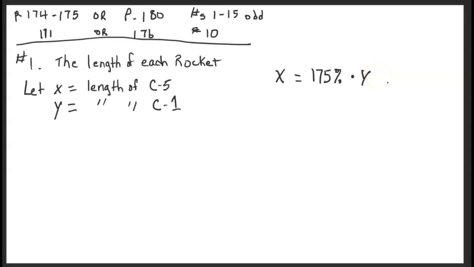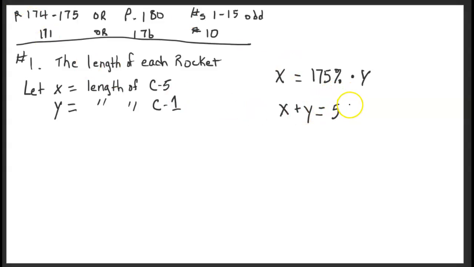Okay? The second sentence says, together, the lengths of these rockets total 550 feet. So if I take the length of the C5 and I add it to the length of the C1, that will equal 550. Well, why don't you write 550, Mr. Barrett? I think I will.